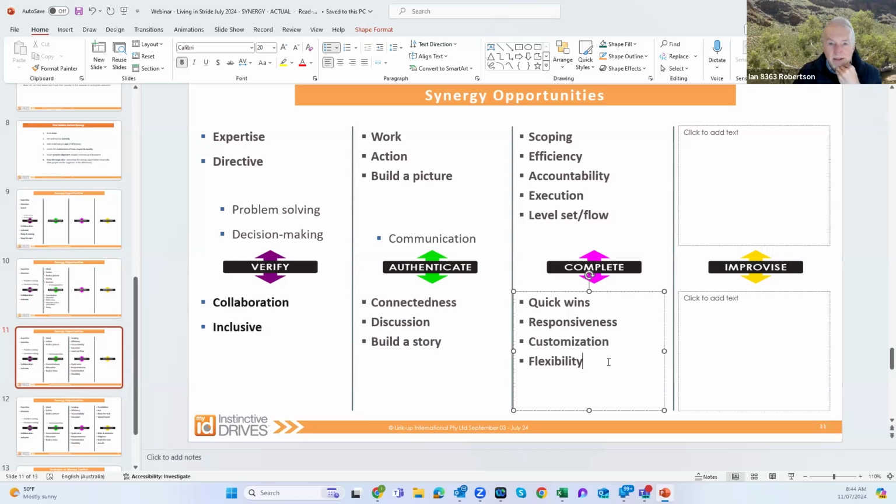If I think from a team or synergistic perspective, if you're in a meeting, the use complete will ask, well, how are we going to do this? And we can get bogged down a bit, like when we were talking about use verify, bogged down in what have we got to do first, and as a consequence won't move it forward.